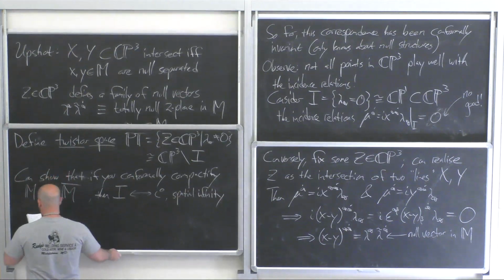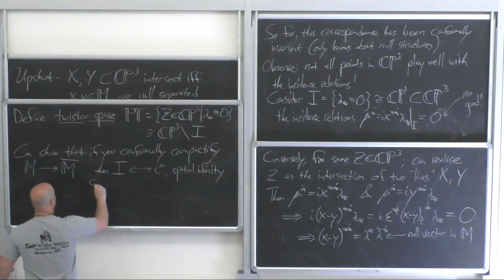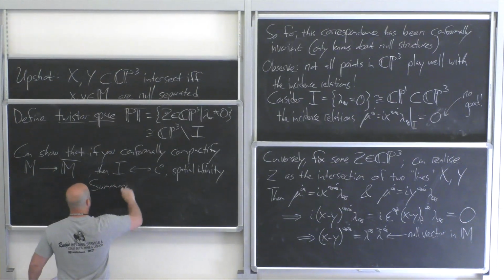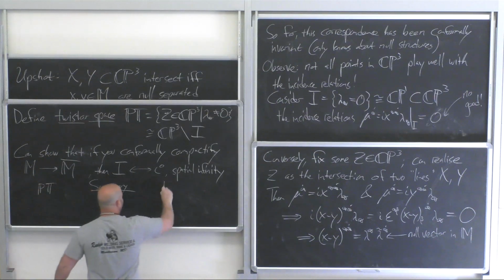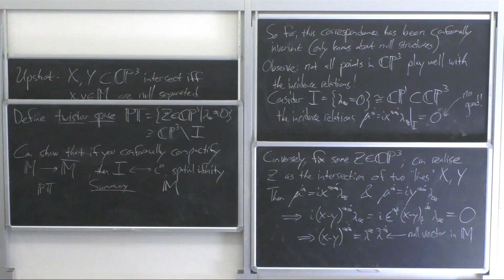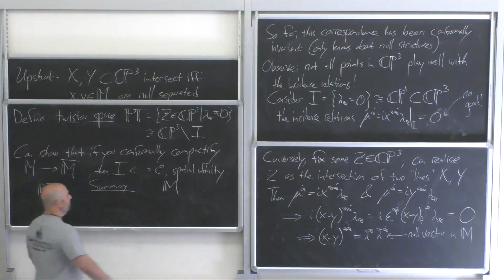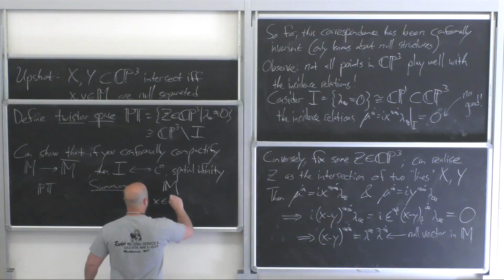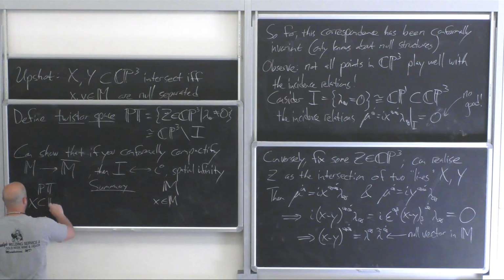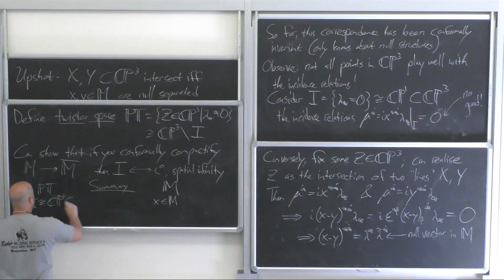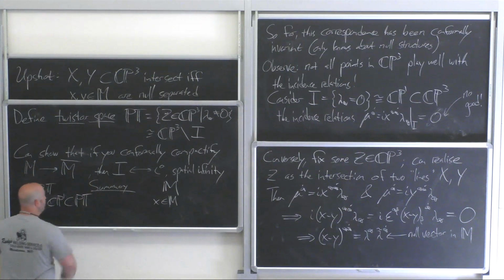So, if you like, we can do some kind of summary. On one side, we have twistor space. On the other side, we have complexified Minkowski space-time. And we can take a point in here, and that gives us one of these lines, which I'll now call twistor lines, which are holomorphically linearly embedded CP1s in PT.